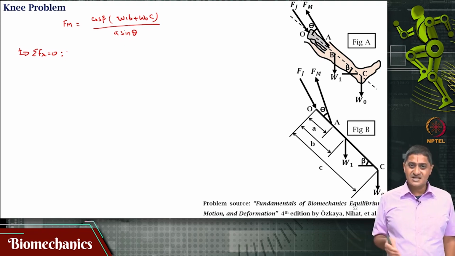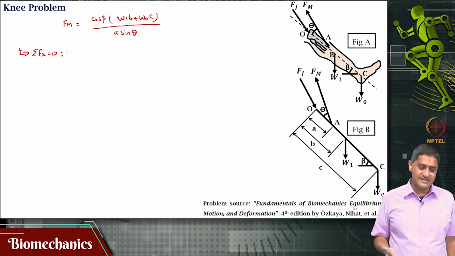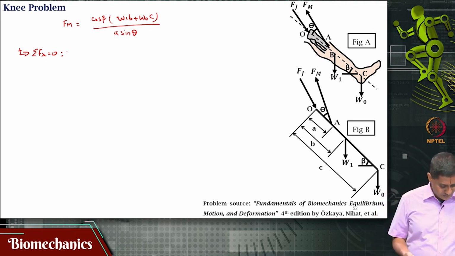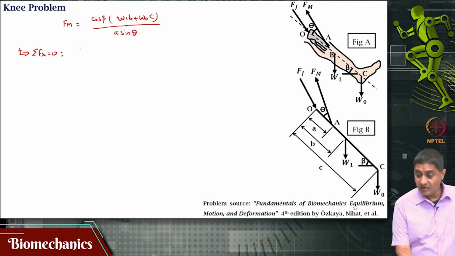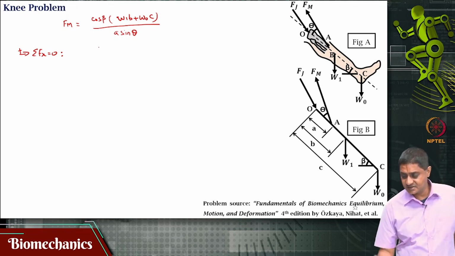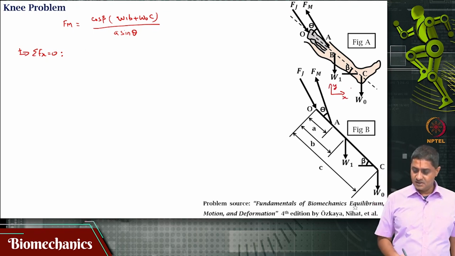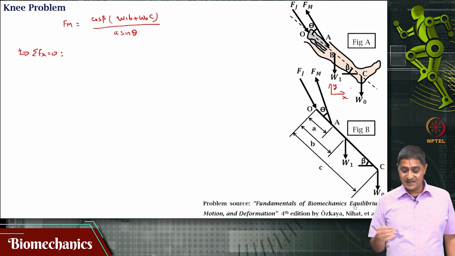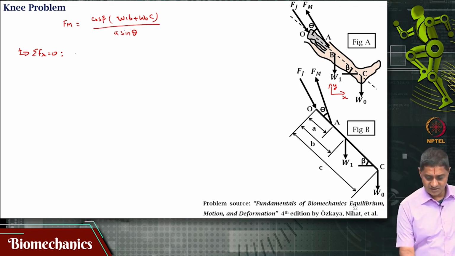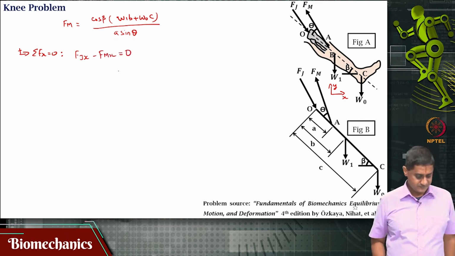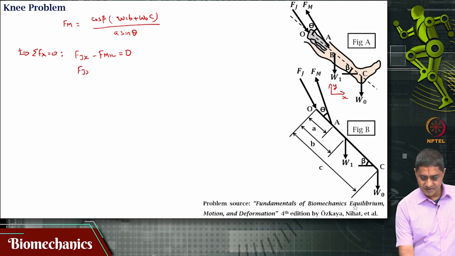Fjx is in the positive x direction because we wanted to use that xy direction, and Fmx is in the negative x direction. So, that means Fjx minus Fmx is 0, or rather Fjx is Fmx.